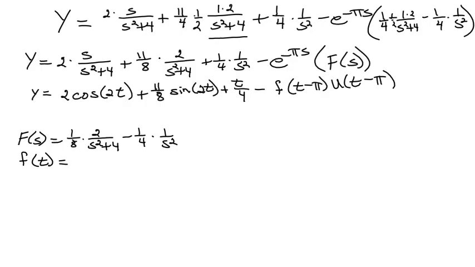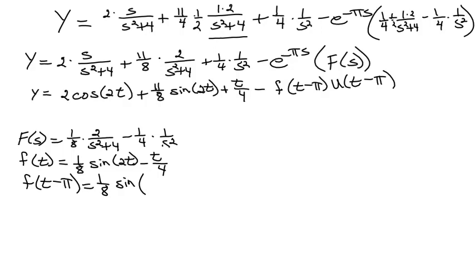So the inverse Laplace of this is 1/8 times the sine of 2t, minus 1/4 times t, which is minus t over 4. That's hardly readable, let me fix that. So minus t divided by 4. So I want to find f of t minus pi, which means I replace t with t minus pi.